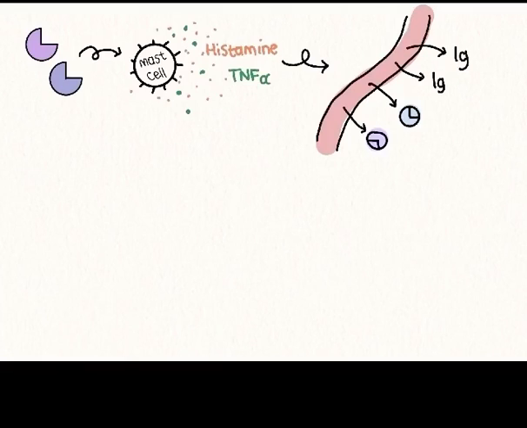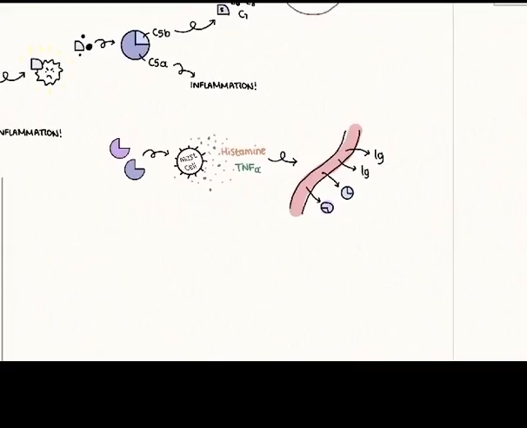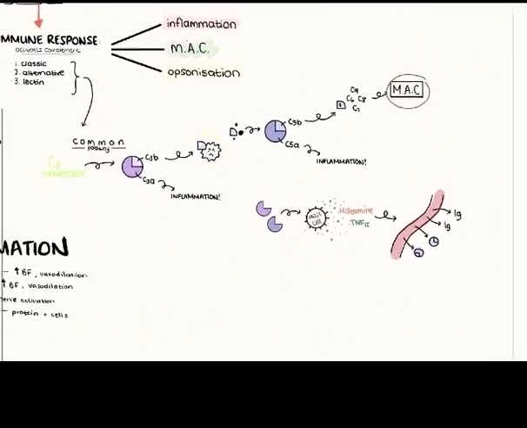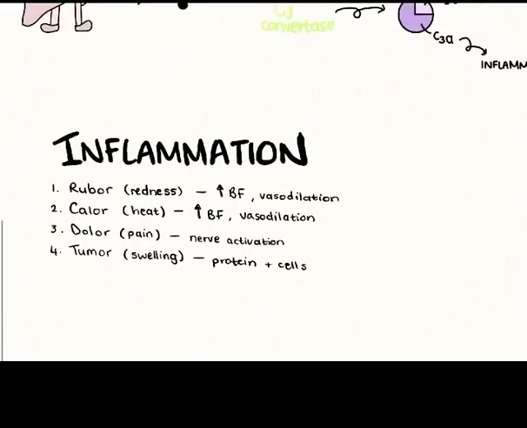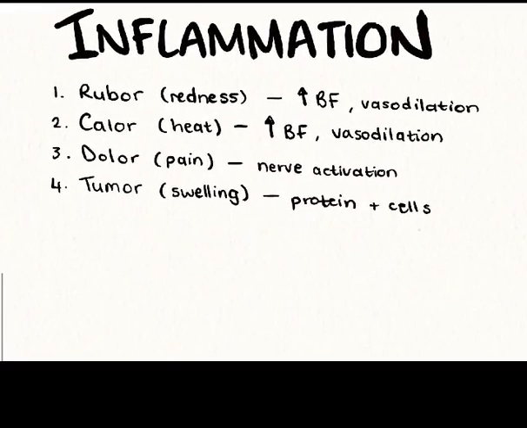You might know that an acute inflammatory response is characterized by rubor, calor, dolor, and tumor. In other words, that it is characterized by redness, warmth to touch, and swelling.